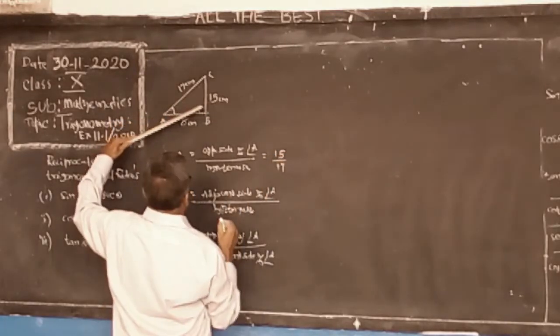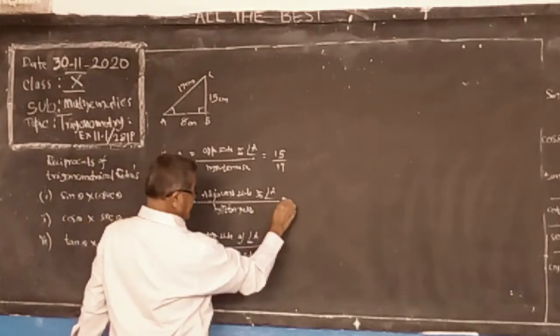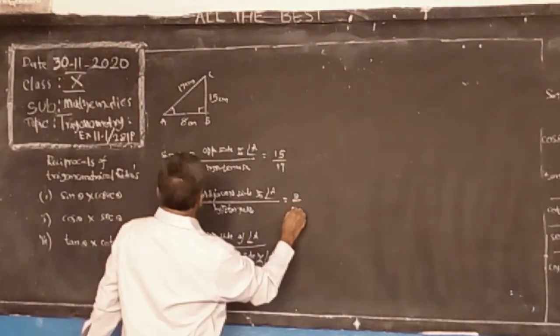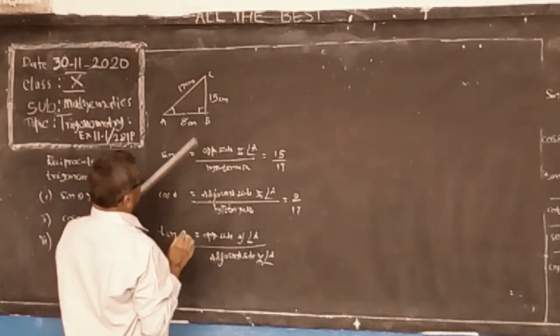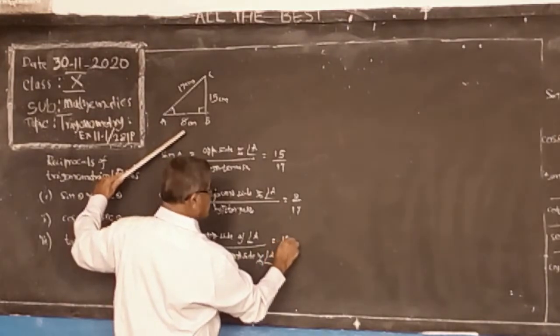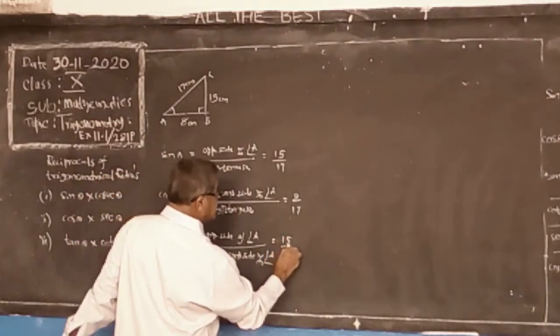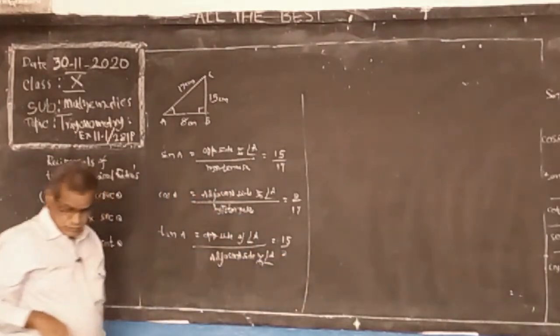Hypotenuse is 17, opposite to 90. And adjacent side, cos A is 8 by 17. And tan A, opposite side by adjacent side, that is 15 by 8. Like this. First question.